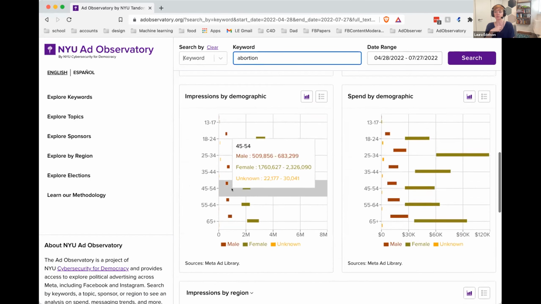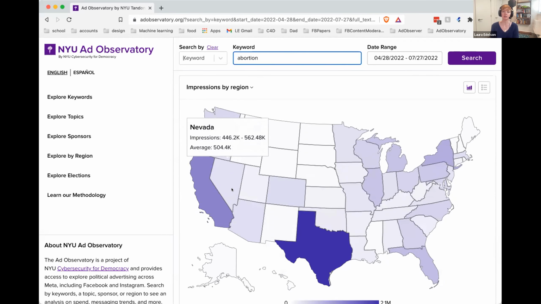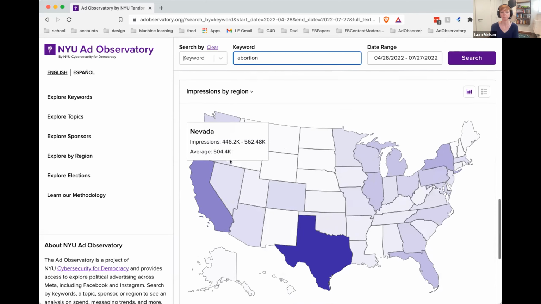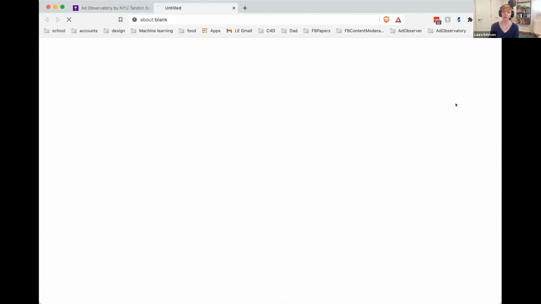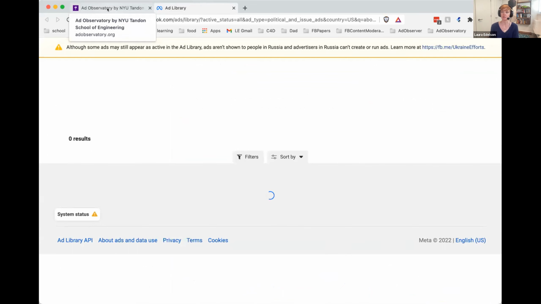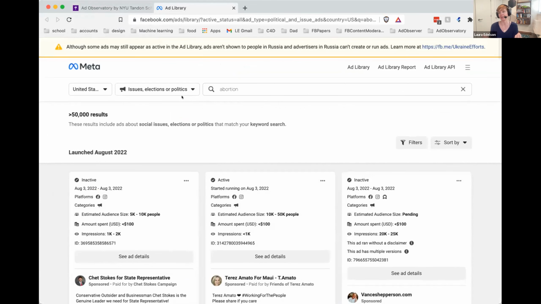Again, we see this really big demographic split in terms of who's being shown these ads, but we see again a very similar view of where these ads are being seen. Something else you can do from a keyword search is I can click through to Meta's own ad library, and I can see the actual underlying ads that match this search.